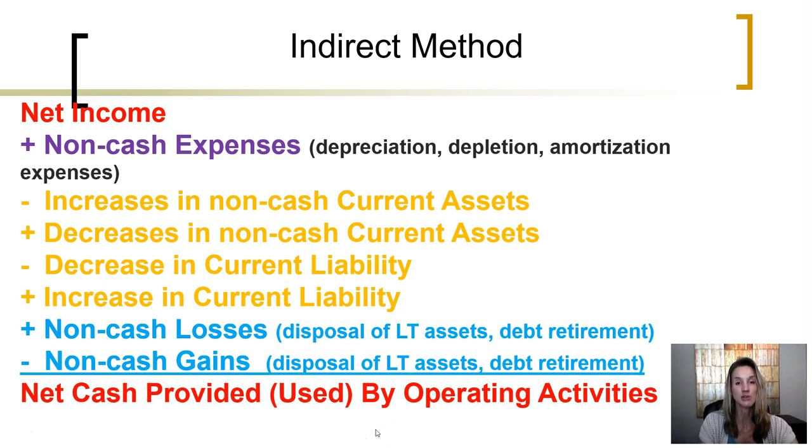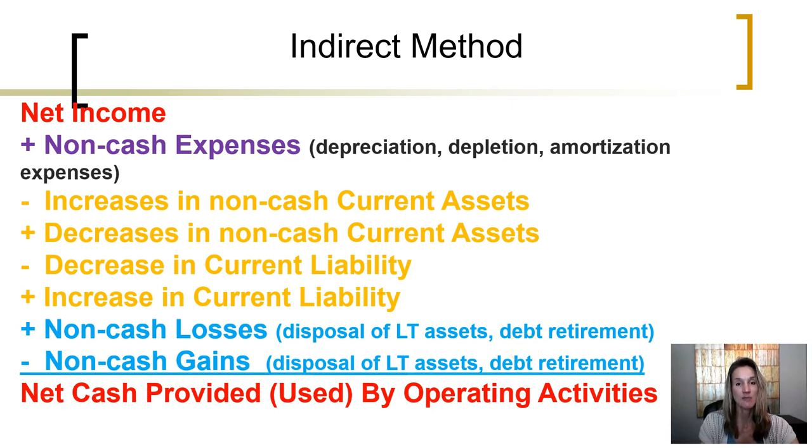In summary, to use the indirect method, we start with net income, add non-cash expenses, look at current assets other than cash, subtract any increases in those non-cash current assets, add any decreases, subtract any decreases in current liabilities, add back any increases in current liability accounts, add any losses or subtract any gains from the disposal of long-term assets or the retirement of debt.